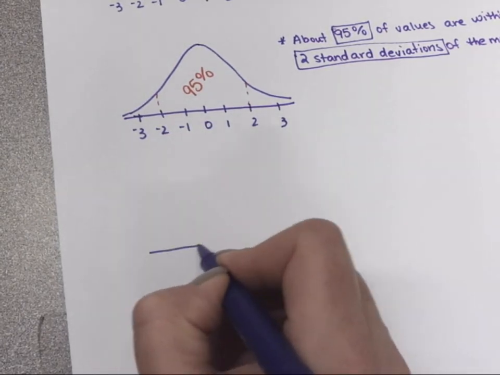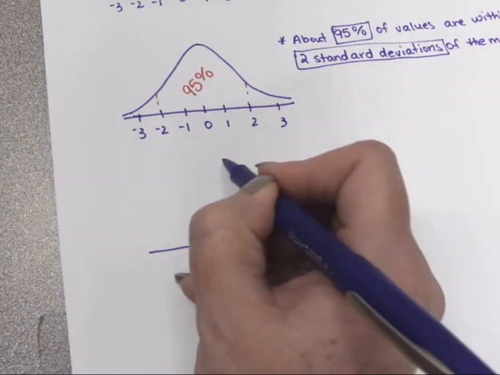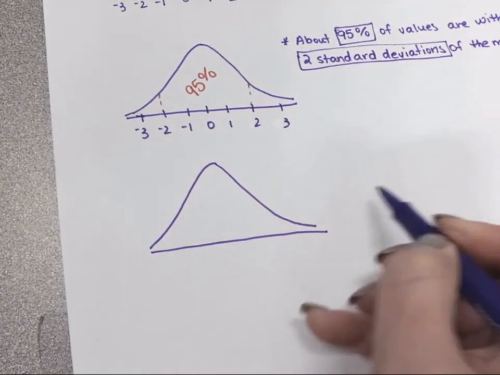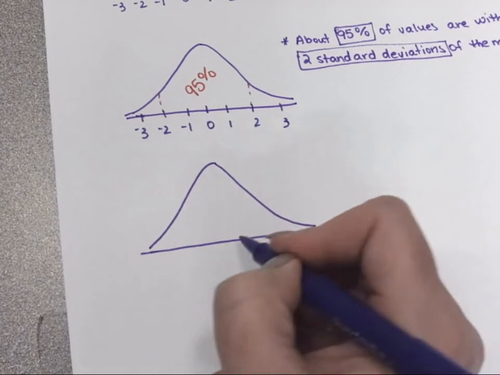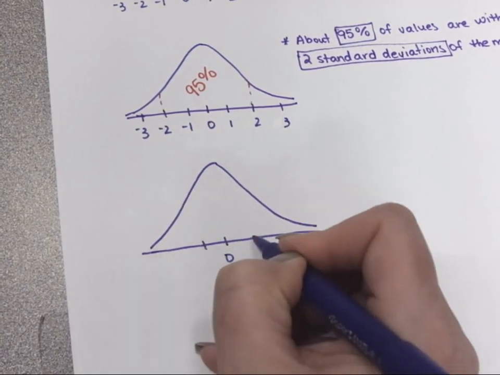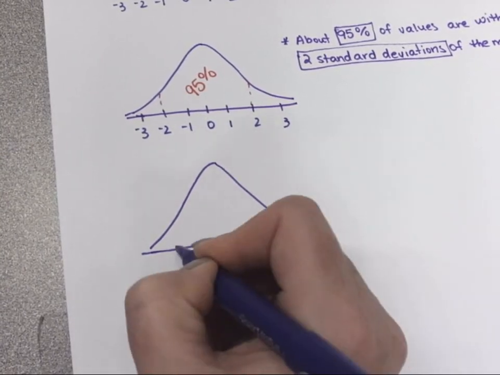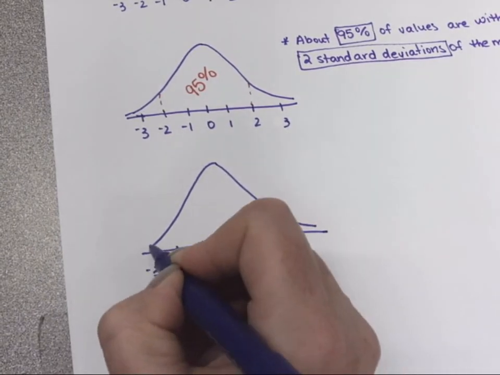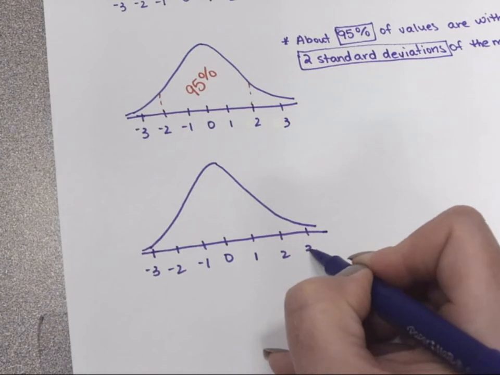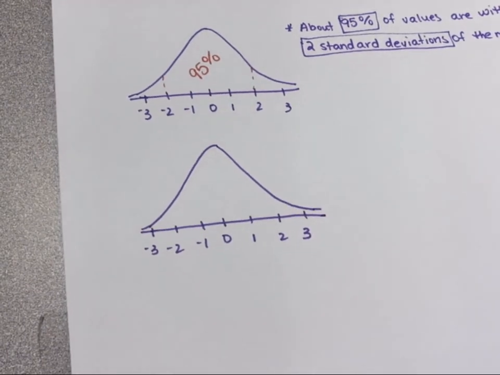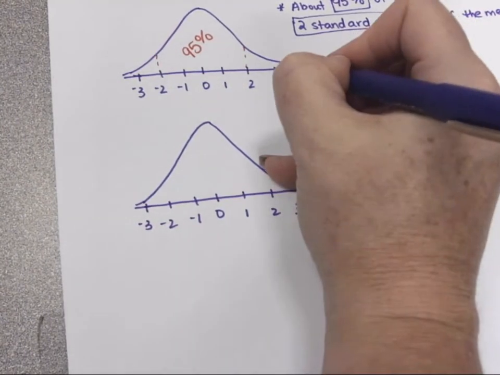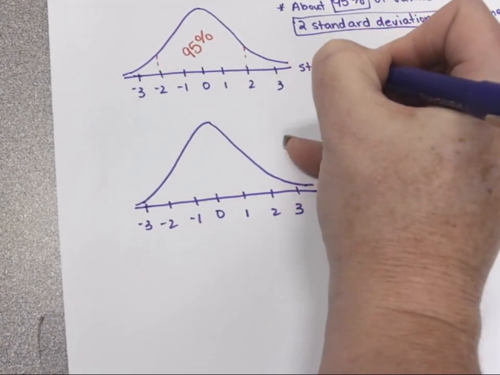And so let's do one more. Typically, we only go out 3 standard deviations. I think my pictures are getting worse as I go here. So I'm going to go ahead and label this horizontal axis.